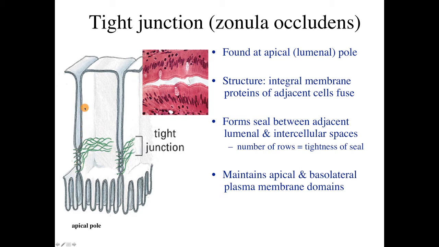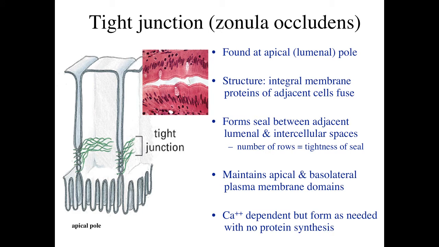And likewise, proteins in this basal or lateral domains can float freely between these domains, but they can't pass these tight junctions to get into the apical domain. So the tight junctions are maintaining very distinct plasma membrane domains. These tight junctions depend on calcium. They'll form as they're needed, but they don't require protein synthesis.